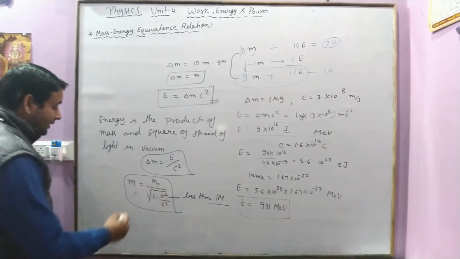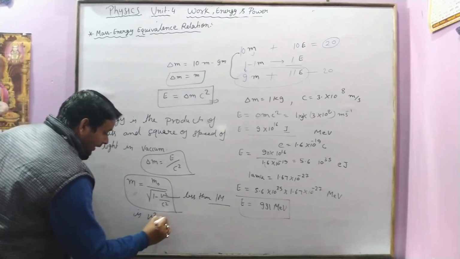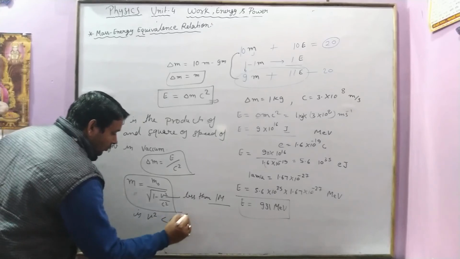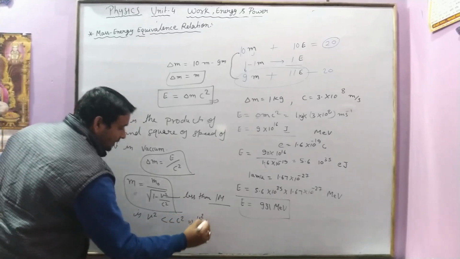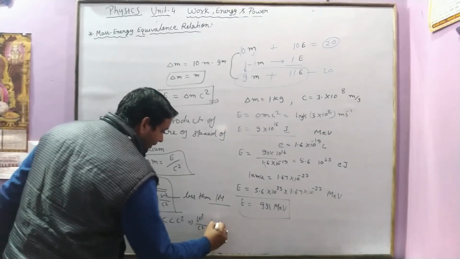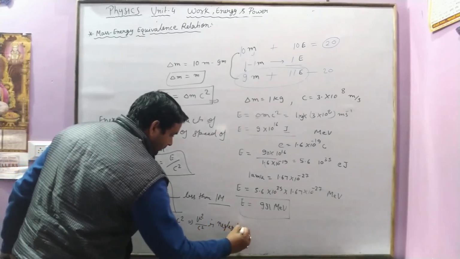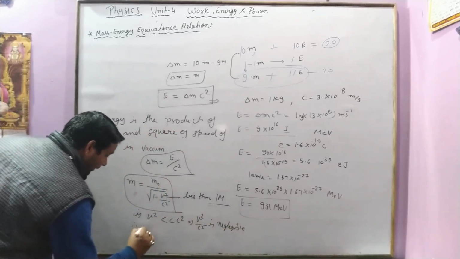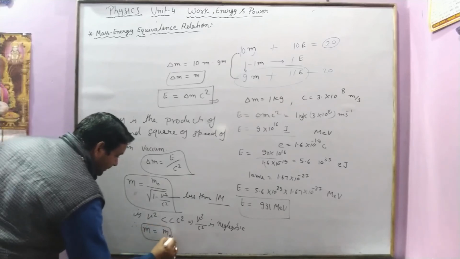If v square is very small compared to c square, then v square upon c square is negligible. Therefore the mass of the object is equal to its initial mass.